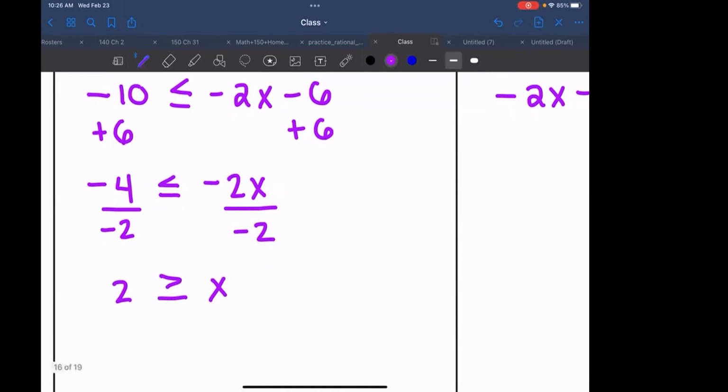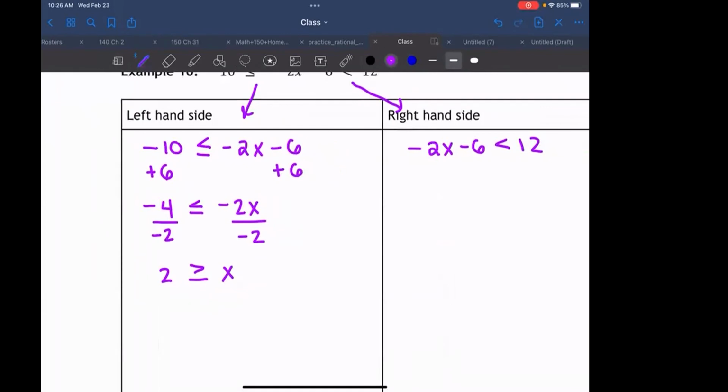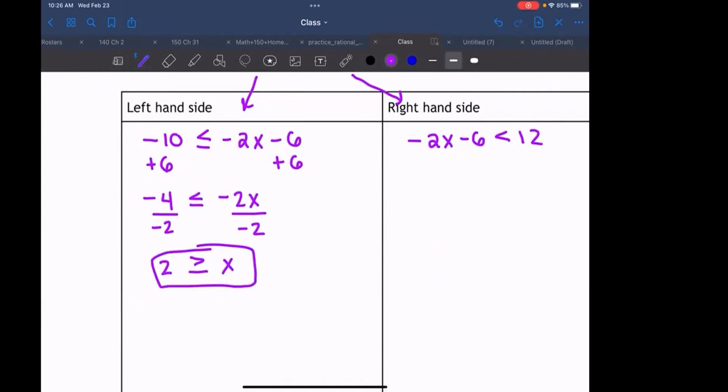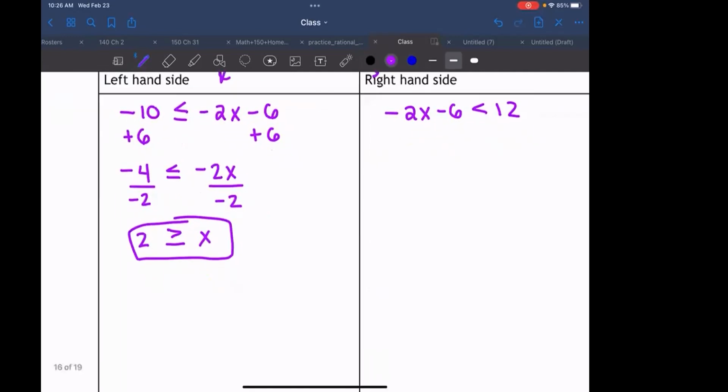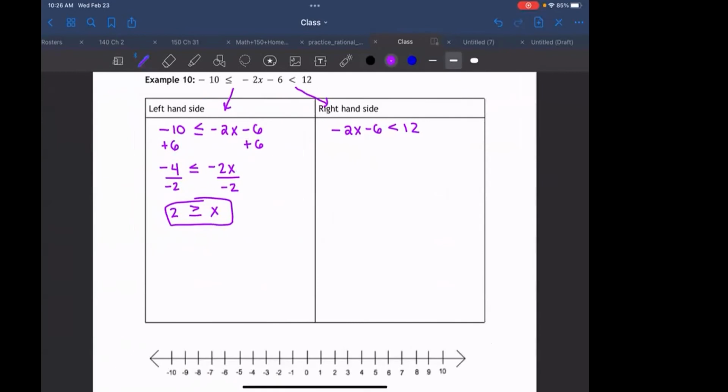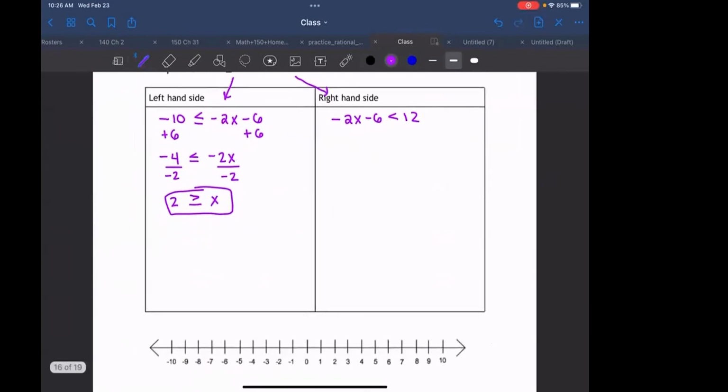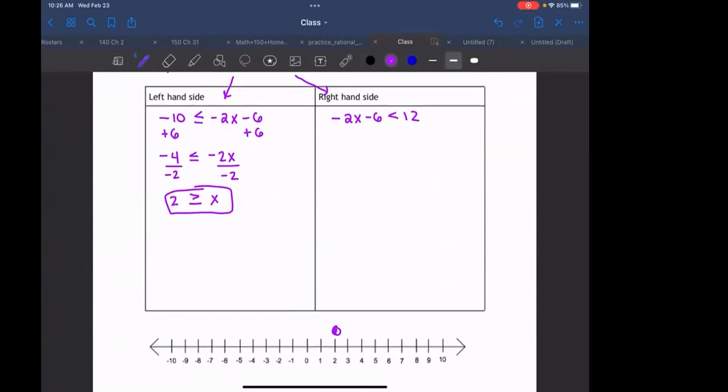Now, I got a couple of questions on this in my last class, and I think it's important to go through exactly the steps to change your answer if you want to. This is a totally fine answer. I would take this answer 100%. You can actually graph this answer pretty easily. Why don't we go down here and graph it real quick? If 2 is bigger than or equal to x, well, I would draw a circle at 2, maybe fill it in, because it's greater than or equal to.